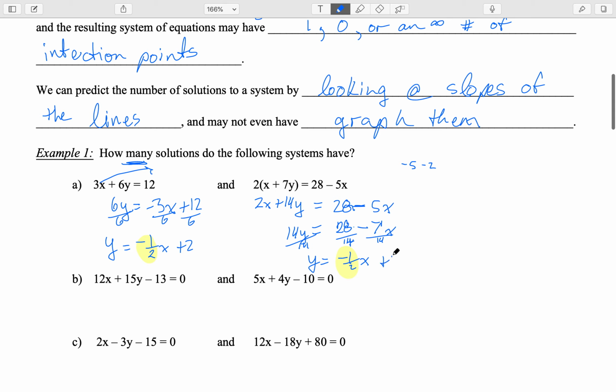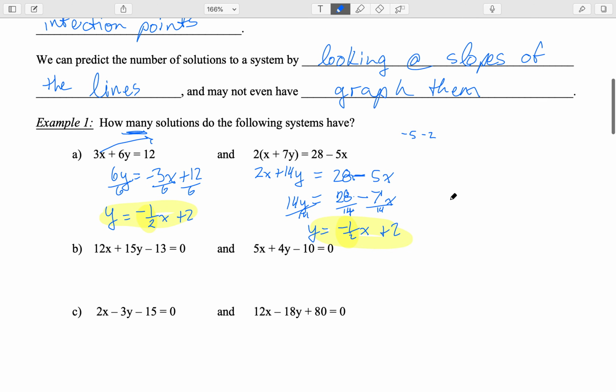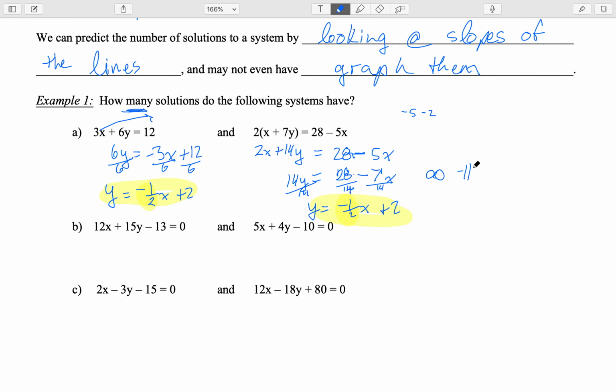Well, that's plus 2. You see that? Oh, I didn't see it. This slope is negative a half, positive 2. Slope is negative a half, positive 2. It's the same line. So now, if the y-intercepts were different, they would be parallel. But it's the actual same line. So there's an infinite number of solutions.